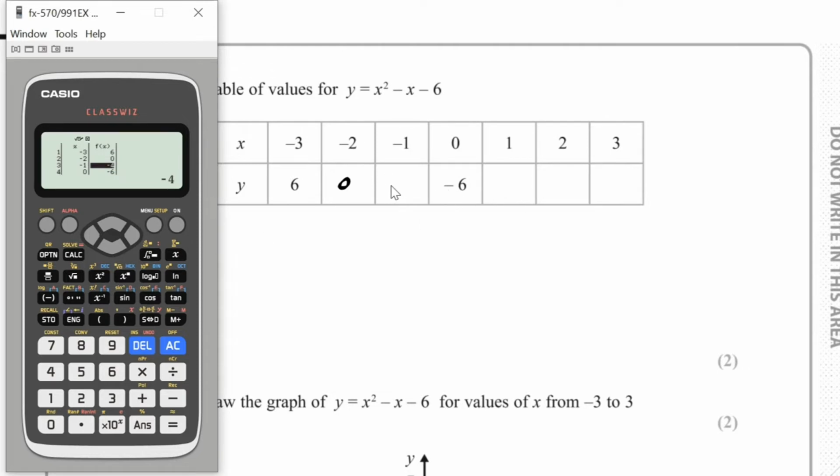At -1, we have -4. At 0, we have -6. At 1, we have -6. And at 2, we have -4. And at 3, we have 0.